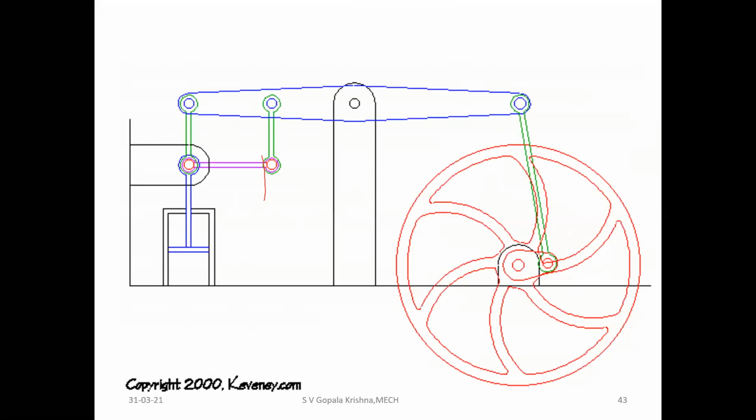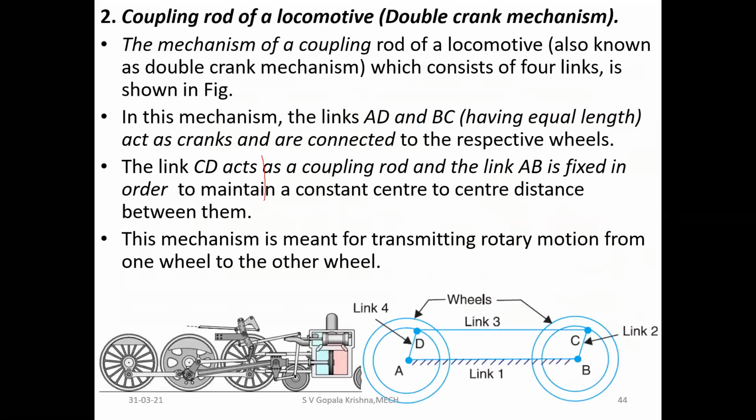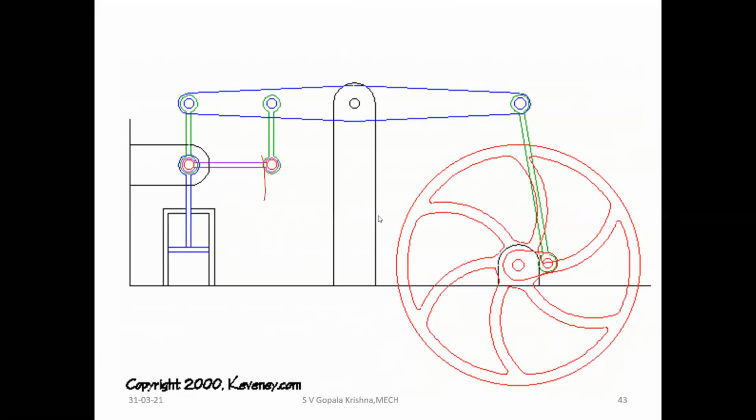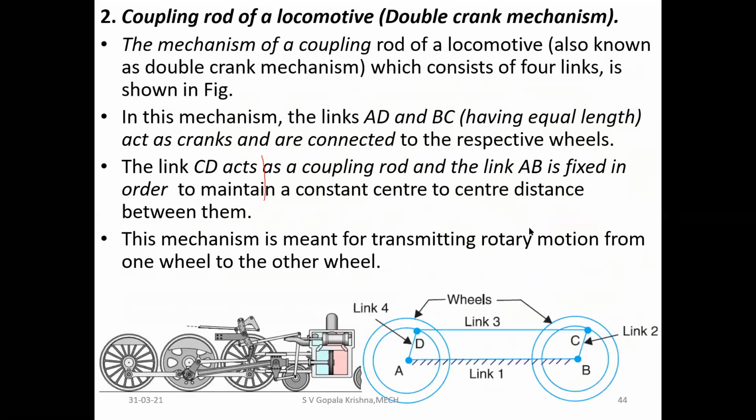Next, the second inversion. That is the coupling rod of a locomotive, or double crank mechanism. So this is the double crank mechanism. In this, just observe the diagram.